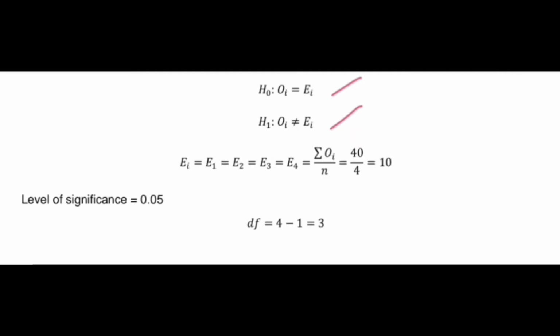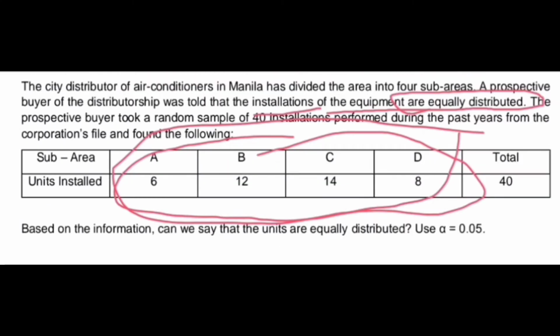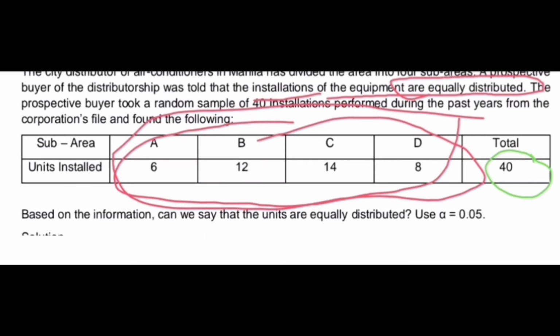The next thing to do is to find the expected frequency. This is the formula where expected frequency is equal to the summation of the observed frequency over n. We can see here that the summation of the observed frequency is 40. And our n will be the number of sub-areas. 1, 2, 3, 4.